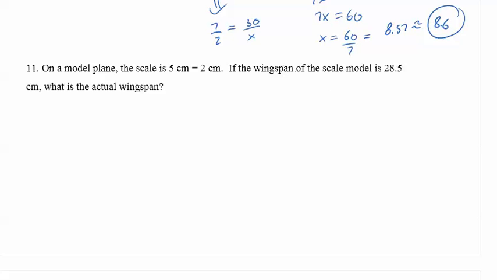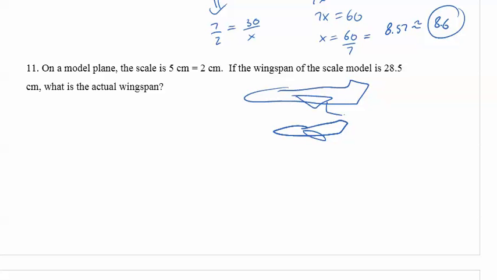So let's set up the proportion. For every 5 centimeters on the bigger model, because obviously the bigger model will have the bigger measurement, it's actually good to draw a picture for this one. So let's say a plane, not a very good plane, I know. This is the big model, and this is the small model. And it says for every 5 centimeters on the big one, it will be 2 centimeters on the small one.